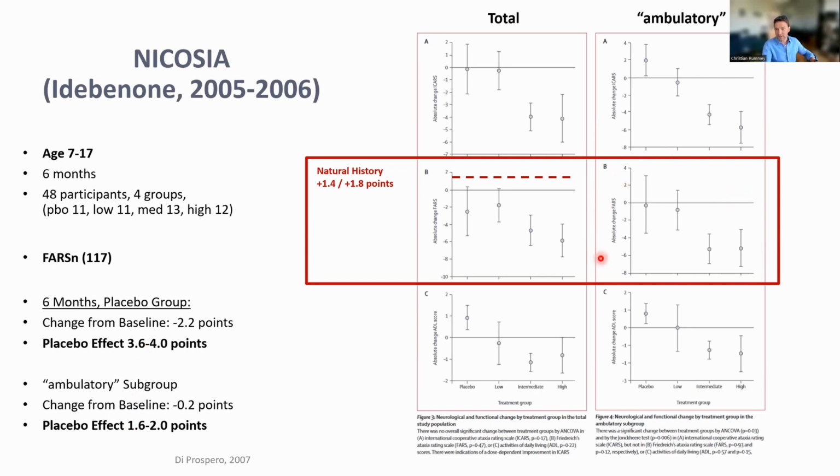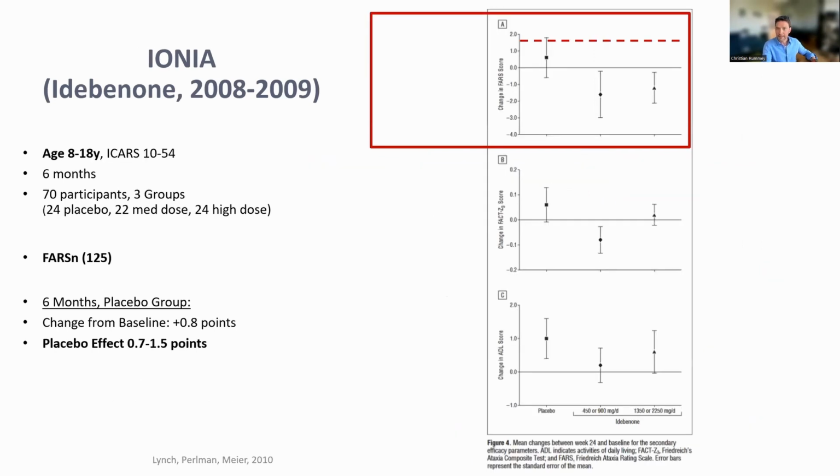Now, this, of course, got everyone very excited and is basically the reason why Santhera started their idebenone project, or was a very good reason for that. And they looked at exactly this subgroup in a study called Ionia. And indeed, here, the placebo group declined after 6 months.